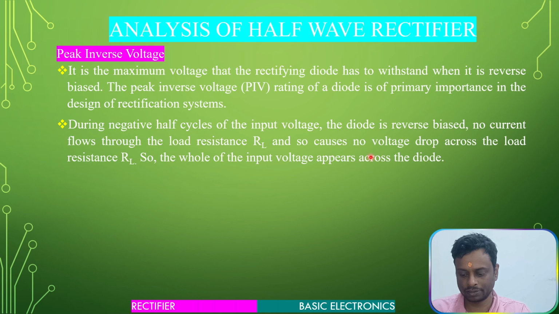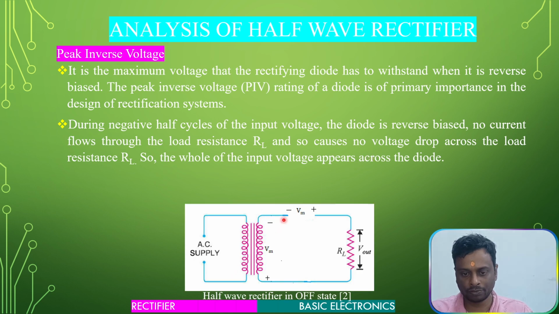Let us see the diagram. When this terminal is negative, the diode will be reverse biased. This is our diode. When we apply the negative half cycle of the input supply, the diode is reverse biased.